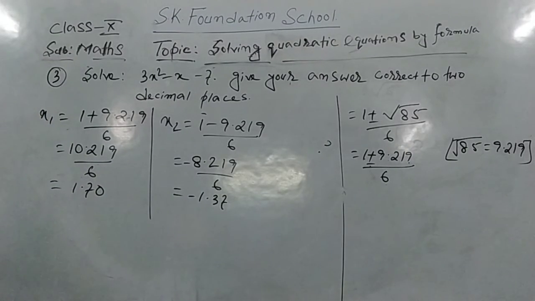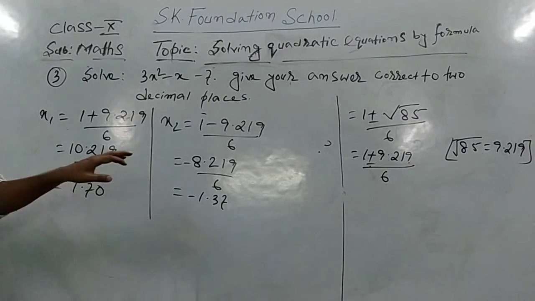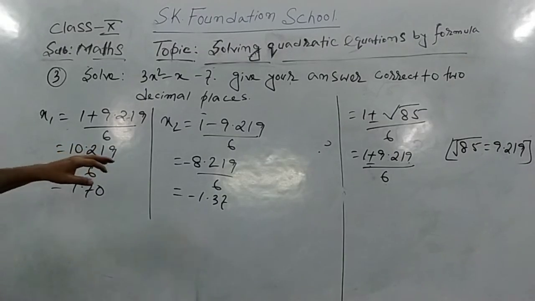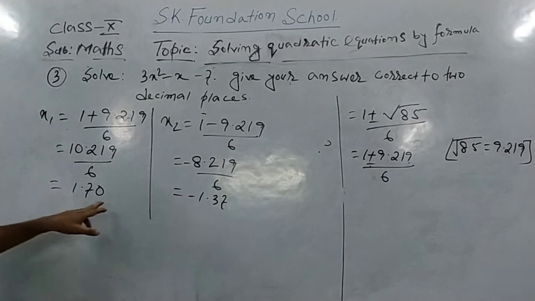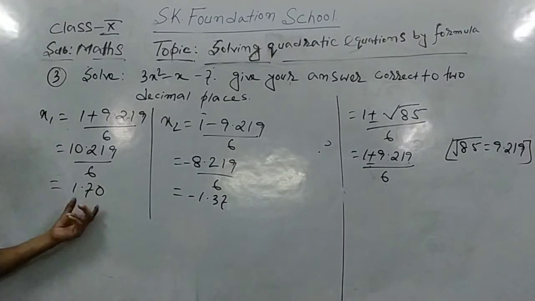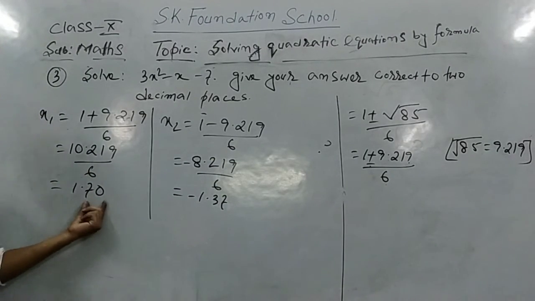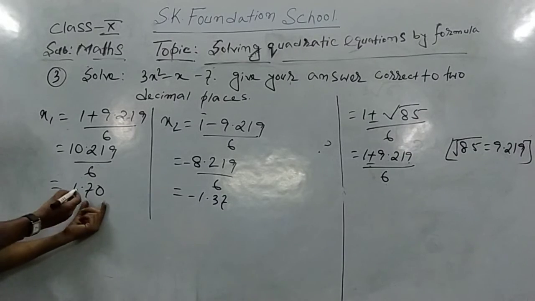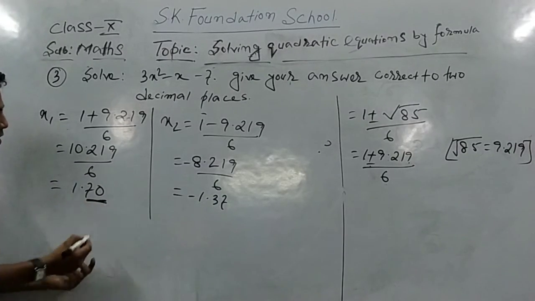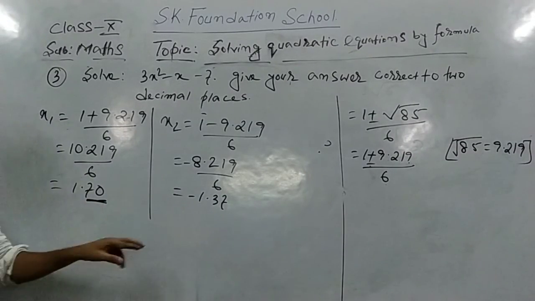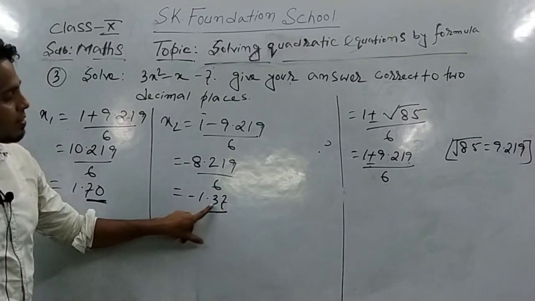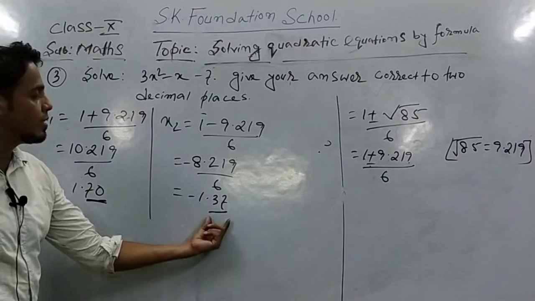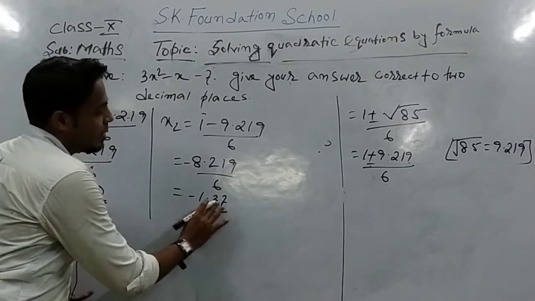But it is already given correct up to 2 decimal places, that means the number contains 2 digits after the decimal point. That's why 1.70, and here also, same reason, 37, that means after the decimal point there are two digits, 3 and 7.